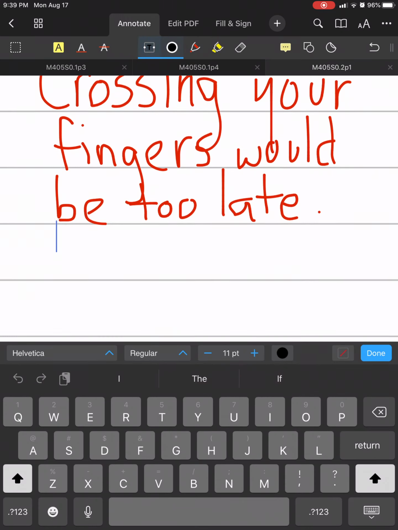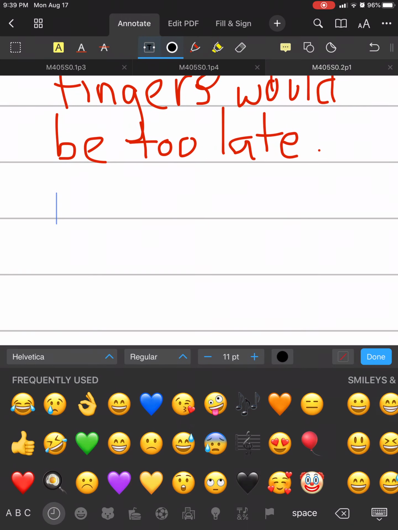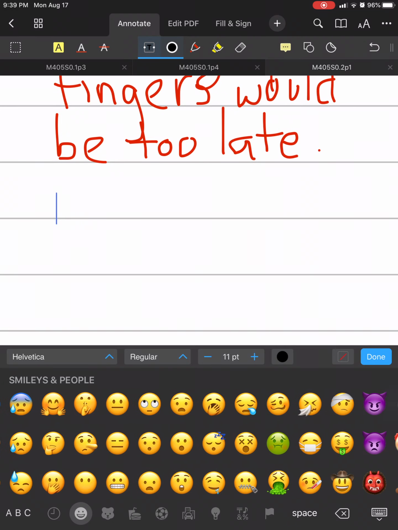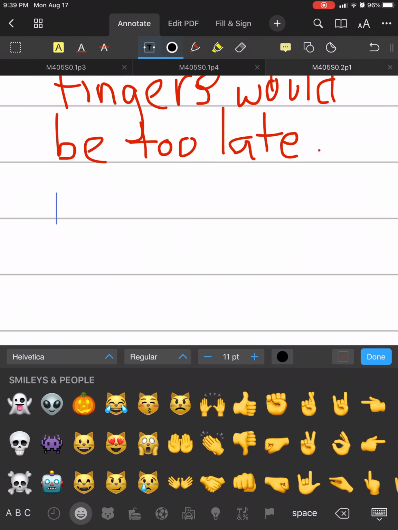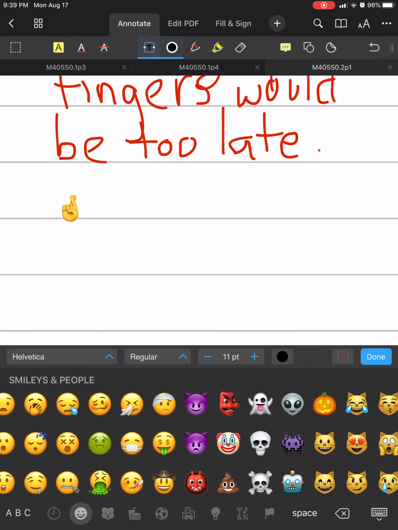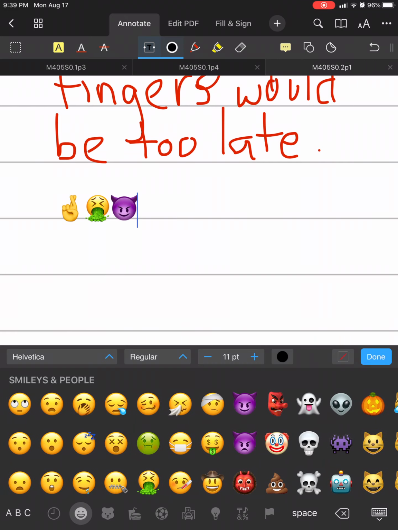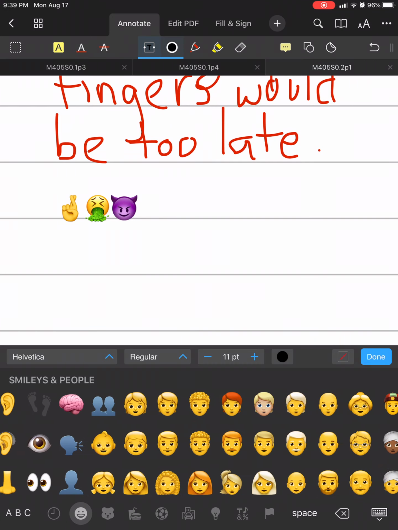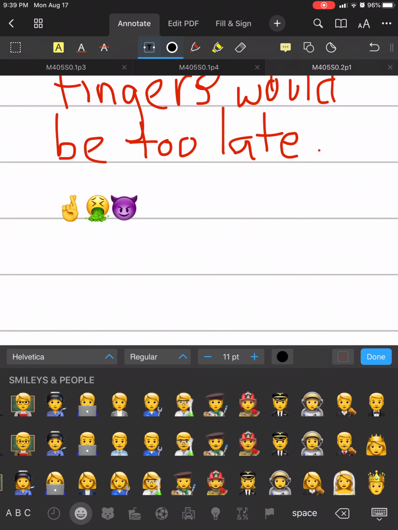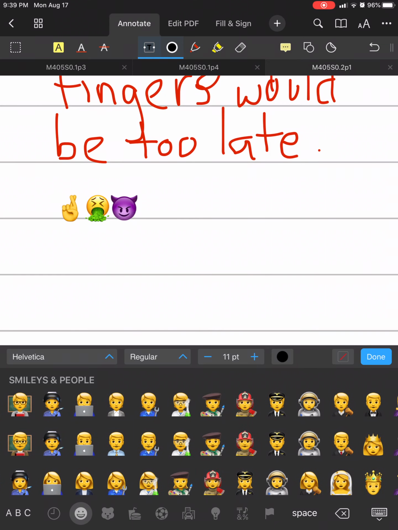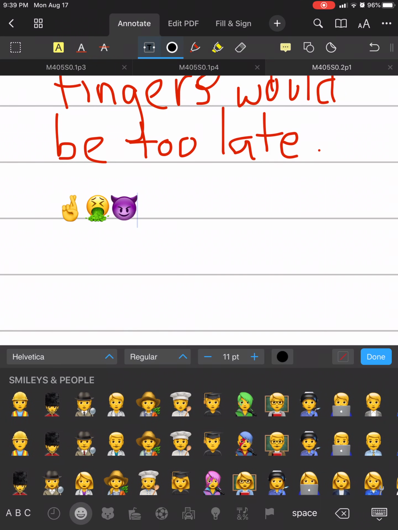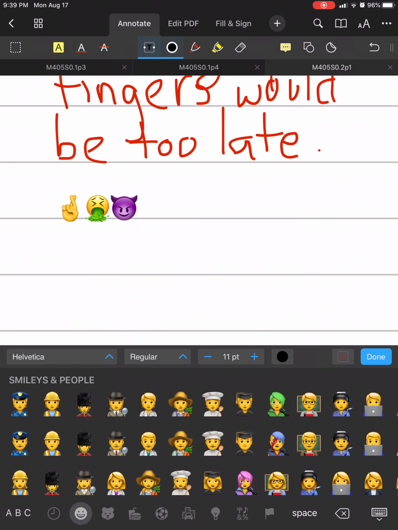Let me see if this lets me do emojis. I bet it will. Where's the cross fingers emoji? There we go, crossing fingers. And also the guy puking, and the devil, and what else? Where's the superheroes? Oh no, some rock stars.